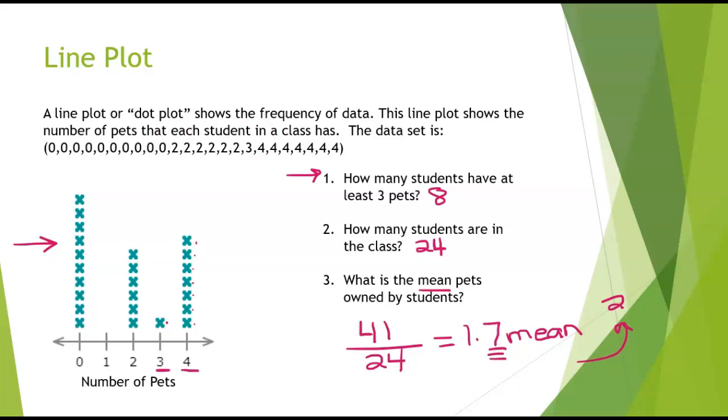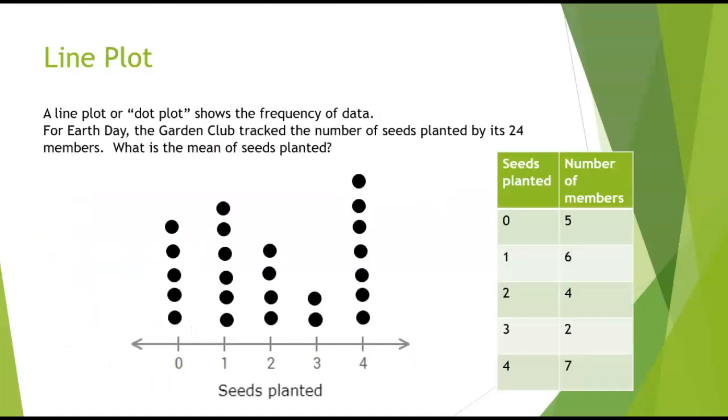All right, we're going to try one more. This line plot or dot plot shows the frequency of data for Earth Day. The Garden Club tracked the number of seeds planted by its 24 members. What is the mean of seeds planted? It tells us right here there's 24 members, so we should have 24 dots on this dot plot.